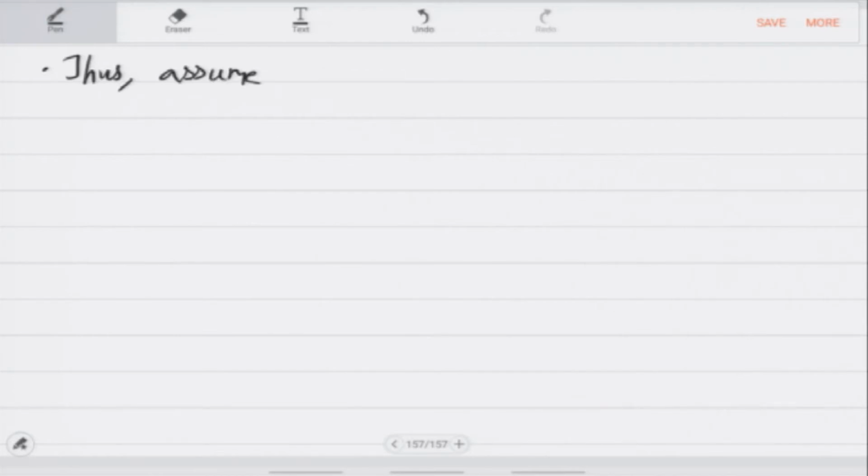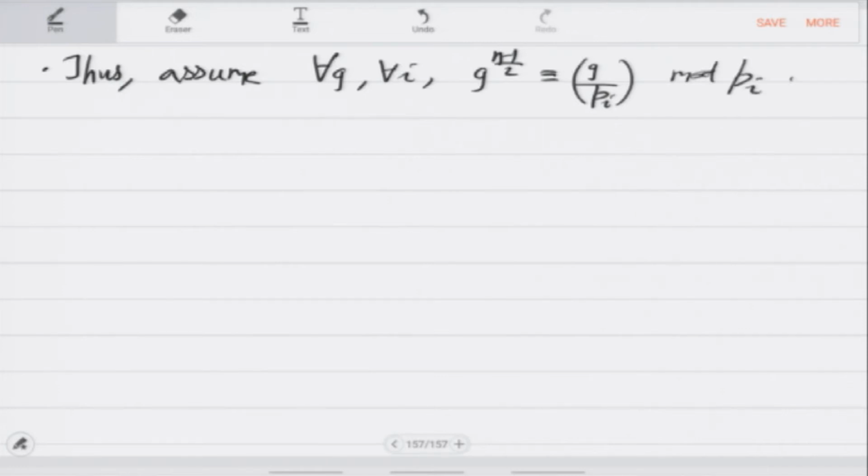Assume that for all g, for all i, g raised to n minus 1 by 2 is the same as g over pi mod pi. In the next step, now we will get a contradiction even with that. We will use this to our advantage and get again a contradiction.